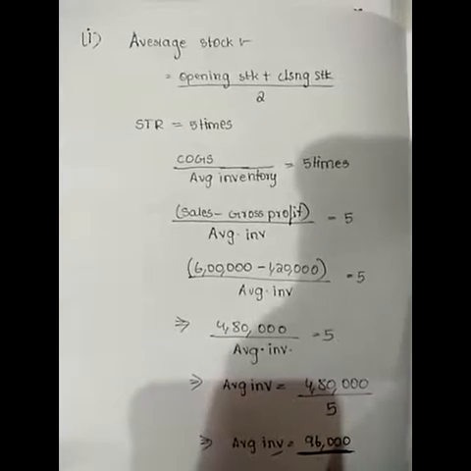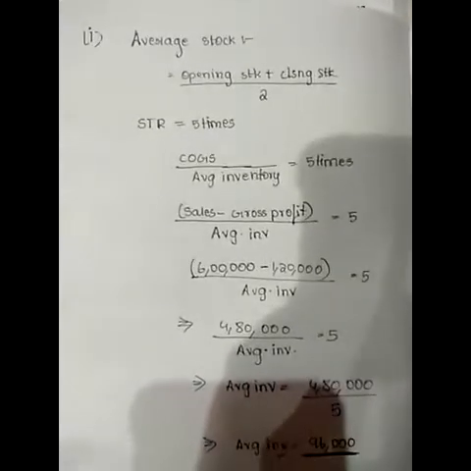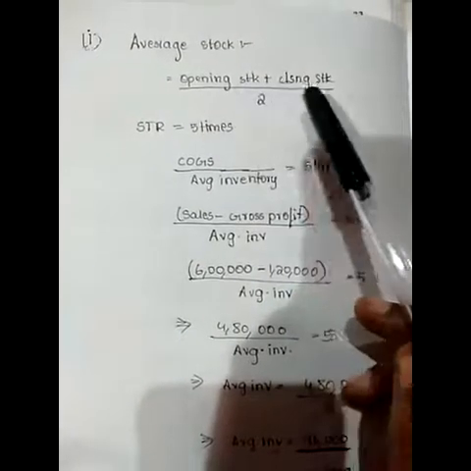So in the last class, we calculated average stock. What is the formula of average stock? It is opening stock plus closing stock divided by 2.